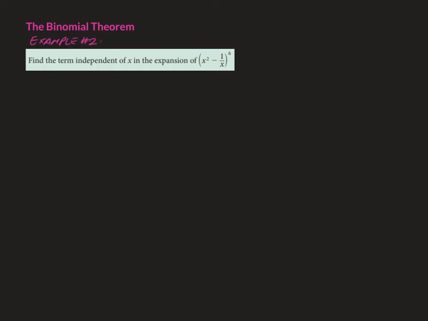For our second expansion, let's consider a binomial where both terms in the binomial depend on the same variable x. Find the independent term of x in the expansion of x squared minus 1 over x to the power of 6. The term that is independent of x is the term with the power of x equal to 0.